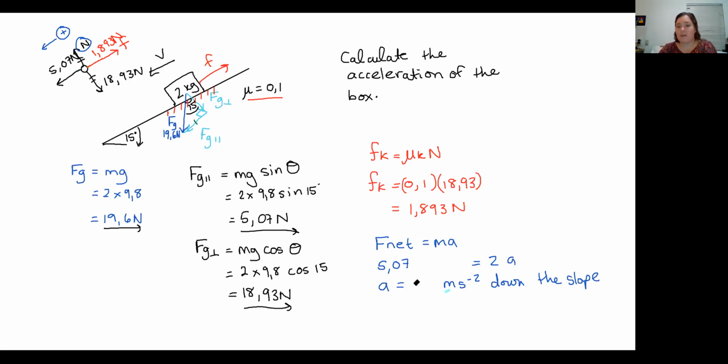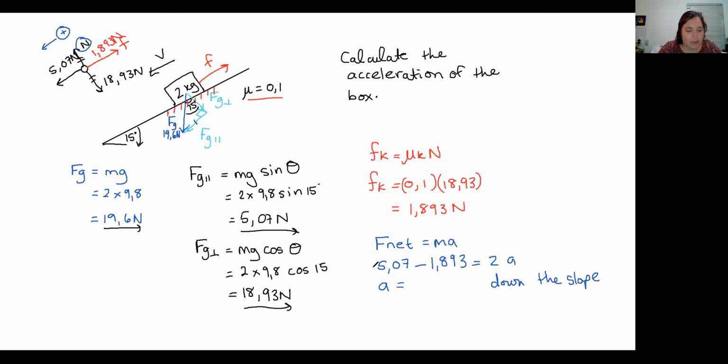My equation of F net equals MA is exactly the same. What is going to be different here, and I'm preempting that we're still going to be accelerating down the slope, or otherwise we'd have remained at rest, is that this time if the 5,07 is positive, the 1,893 will be negative. So 5,07 minus 1,893 gives me 3,177.